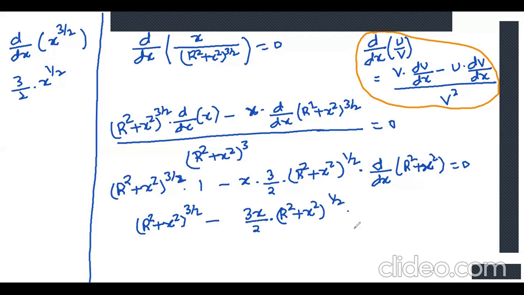So d by dx of a constant means 0. d by dx of x square, what is the value? Here n equal to 2. n into x power n minus 1, that is 2 into x power 2 minus 1, that is 2x.